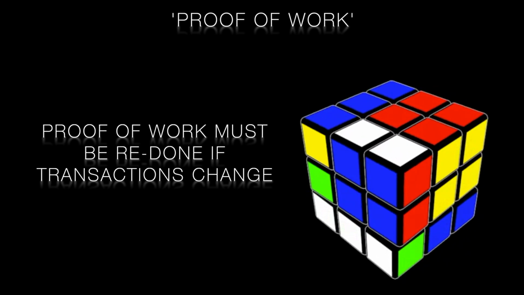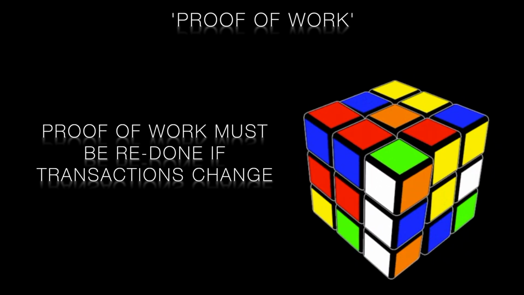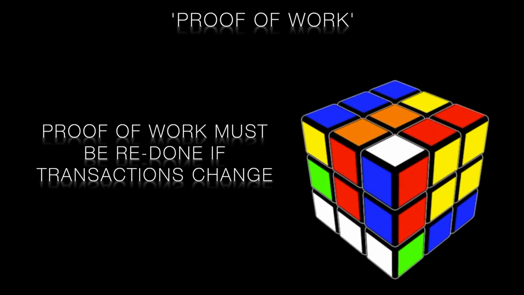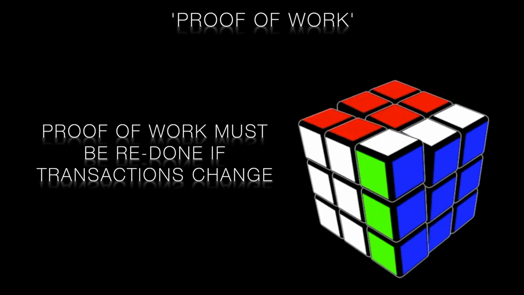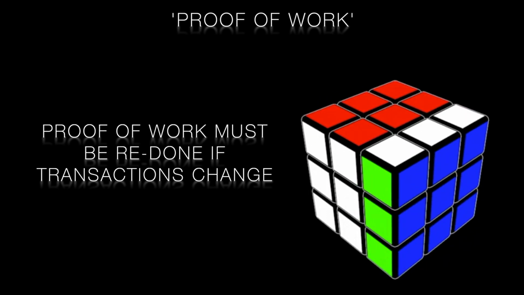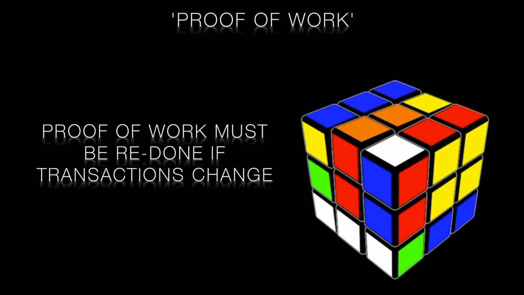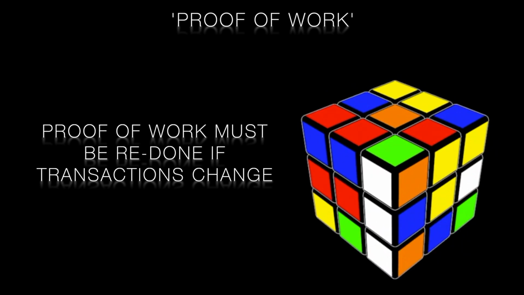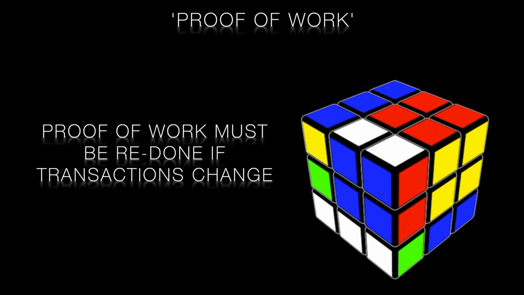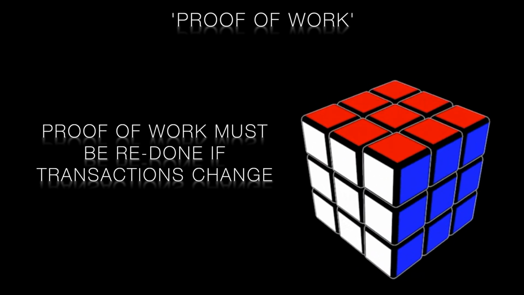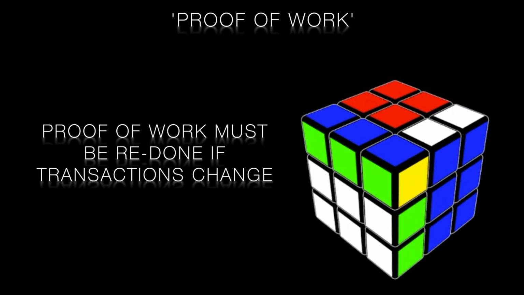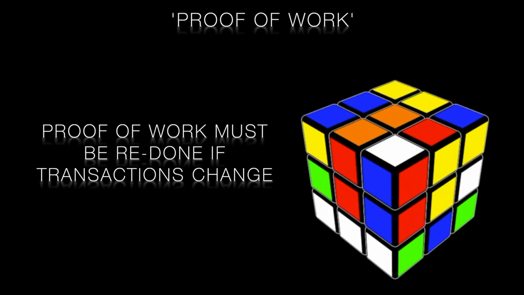So making the proof of work depend on the transactions and making it difficult defends against altering existing confirmed transactions. If a fraudster wants to alter the ledger and change transaction details, then they will need to find a new proof of work.